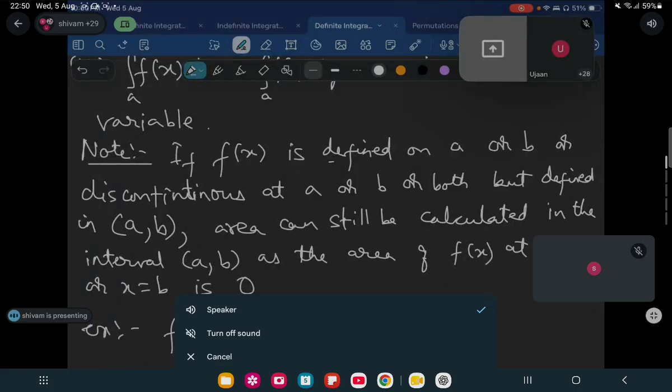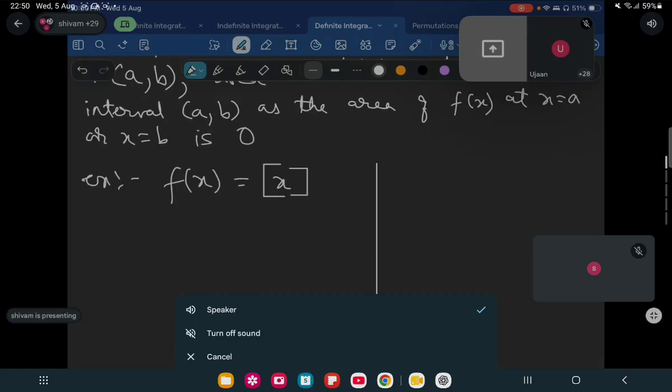Okay, everyone, pay attention. F of x equal to box of x. So we know the graph of f of x equal to box of x from 0 to 3. From 0 to 1, it will look somewhat like this. From 1 to 2, and then from 2 to 3.